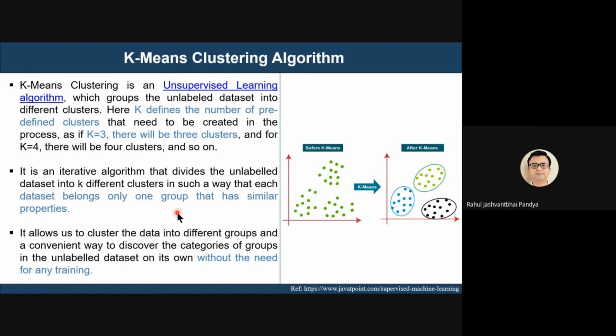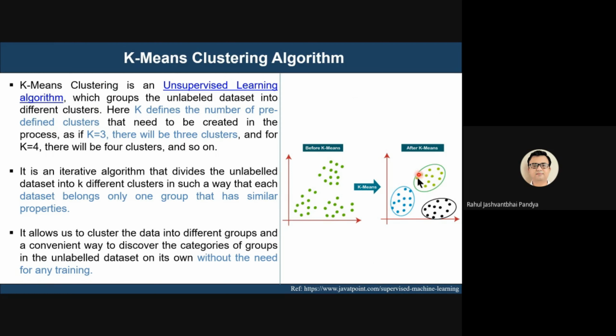It's an iterative algorithm that divides the unlabeled data sets into K different clusters in such a way that each data set belongs to only one particular group that has similar properties. Here you can see cluster number 1 has all the data points which are similar to each other.